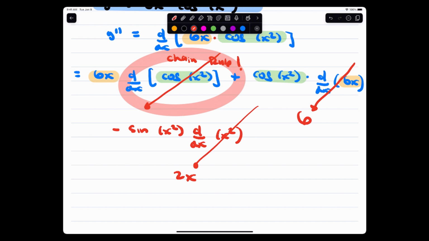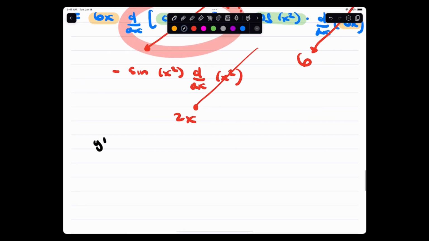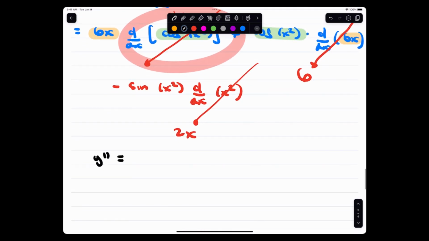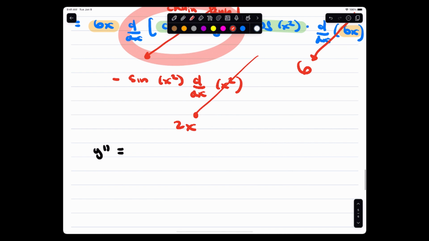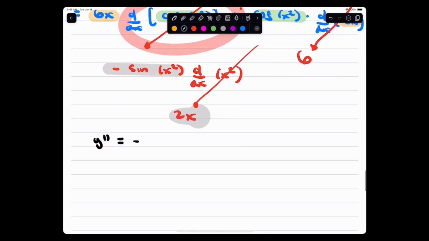All right. So, ladies and gentlemen, the second derivative now, let's take the 6x, let's take these values here. What do you guys get here? 6x times a negative sine x squared times 2. Isn't that going to be negative what? 12x squared what?